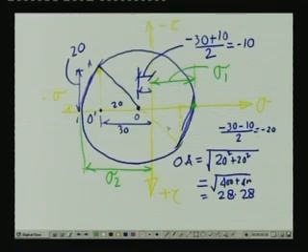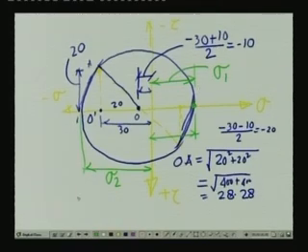It is the distance from here to here, which in terms of the Mohr circle is the radius minus this. So, here the radius is 28.28 MPa and this is 10 MPa. So, this is going to be equal to 18.28 MPa.